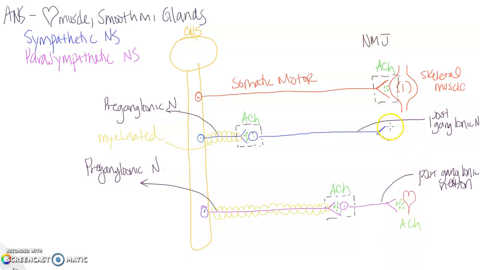Okay, but the sympathetic nervous system does not use acetylcholine at its postganglionic synapse with the effector. It uses a different neurotransmitter, and it is called norepinephrine.